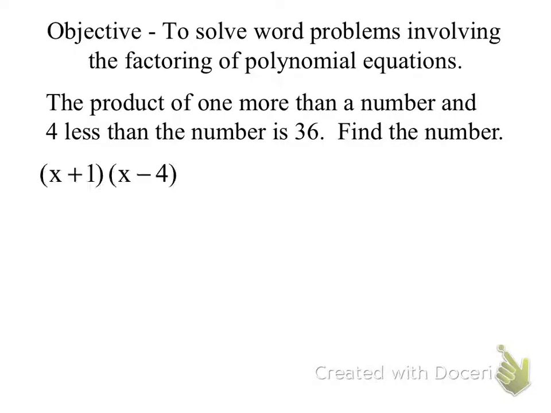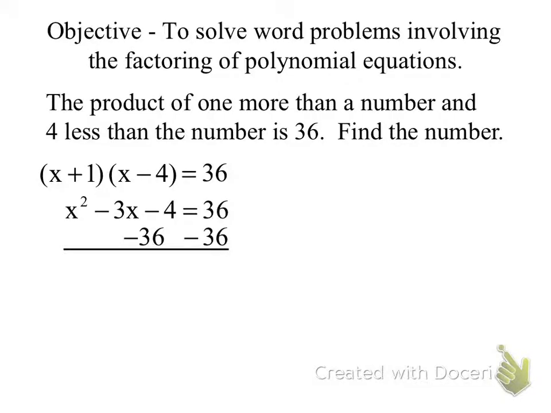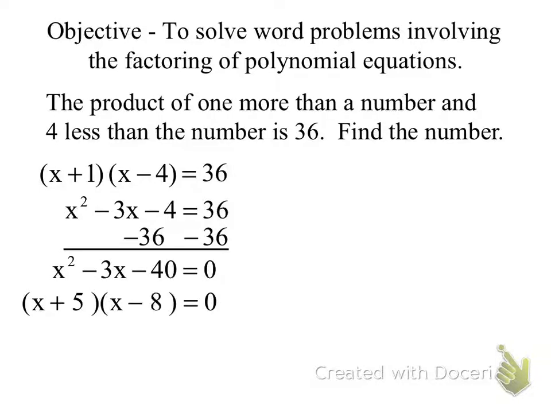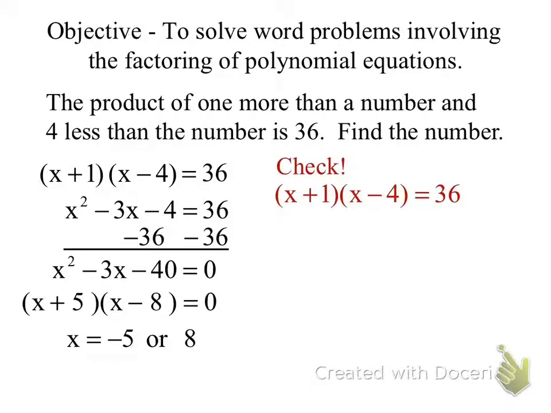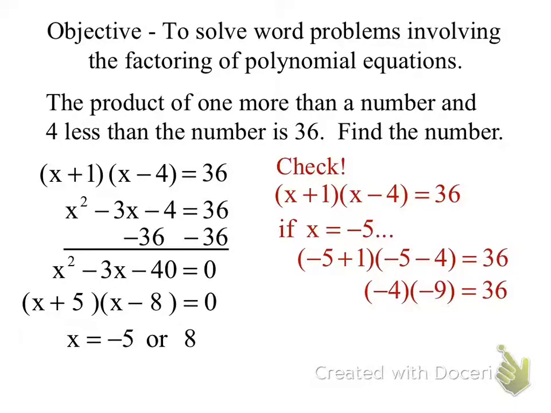Just make sure to identify your unknowns, so when you get an answer, you know what to refer it to. Now, we can always check our work. If I substitute a negative 5 in, negative 5 plus 1 times the quantity of negative 5 minus 4, that's negative 4 times negative 9. Does that equal 36?